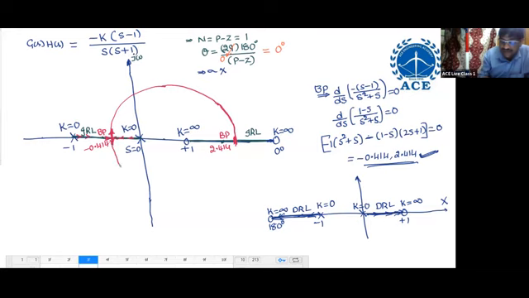Both poles turn right and enter at the breakpoint. Then one pole moves toward one zero, and the other pole moves toward the other zero.